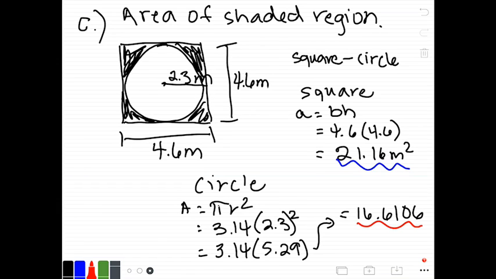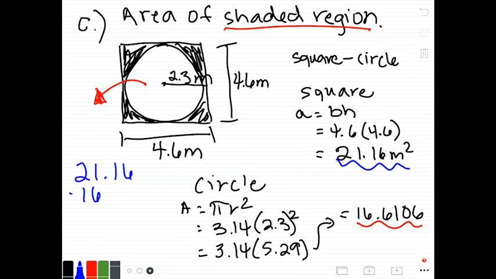So again, you are trying to take this unshaded part, the circle, and you are taking it out because we don't want that. We just want the area of the shaded region. That's why we're subtracting. So your very last step would be to take the area of the square, 21.16, and you are going to subtract the area of the circle from it.